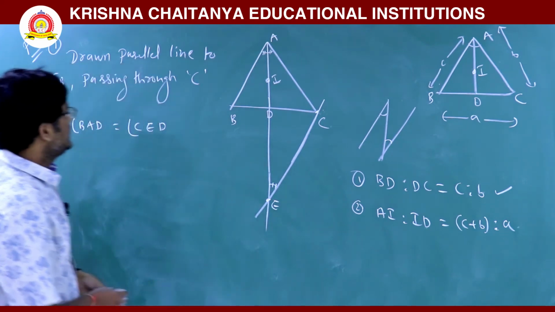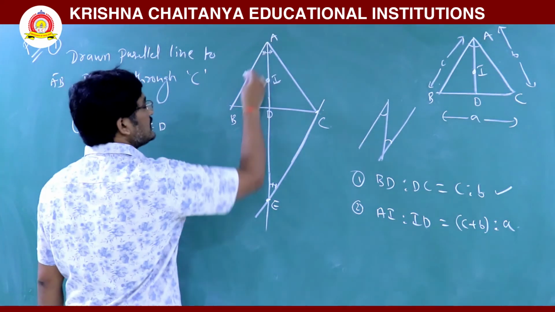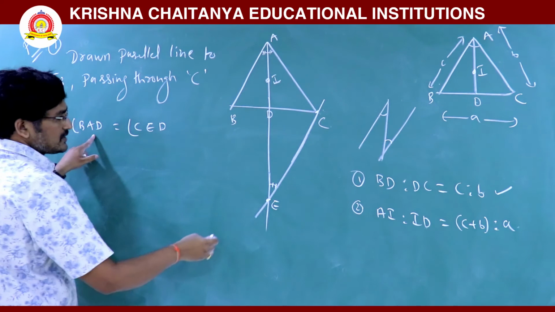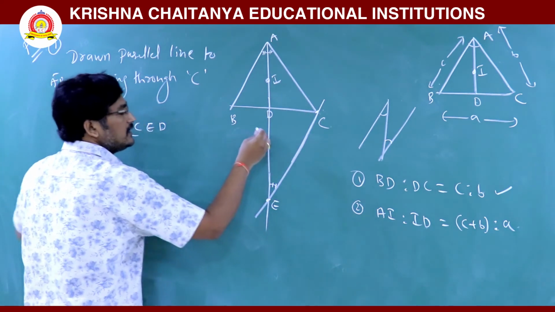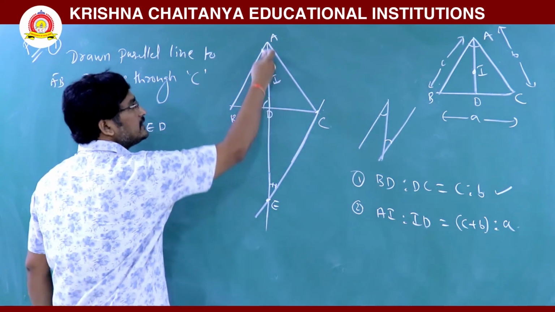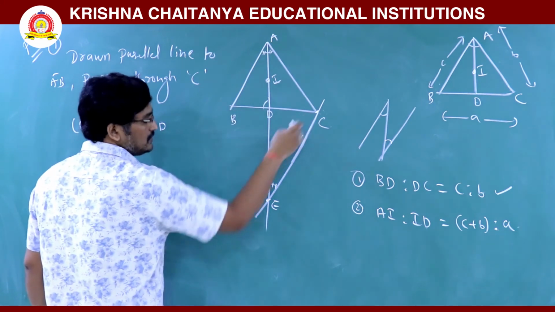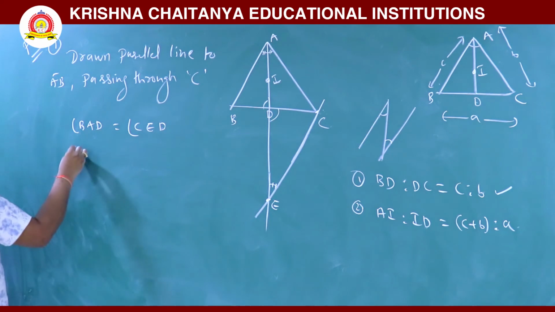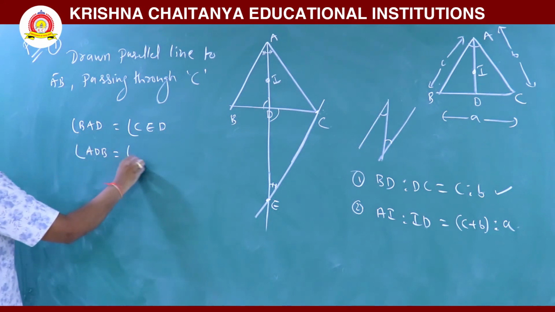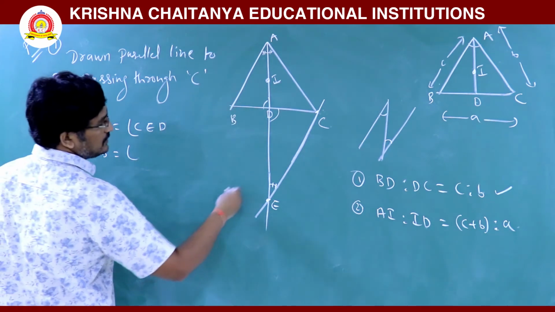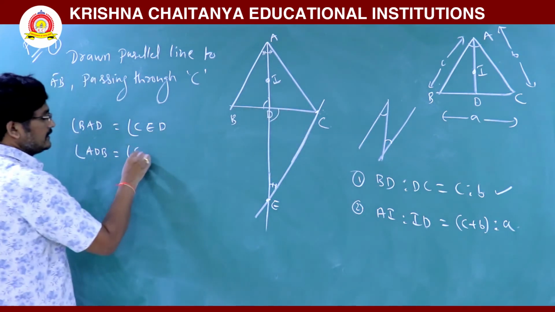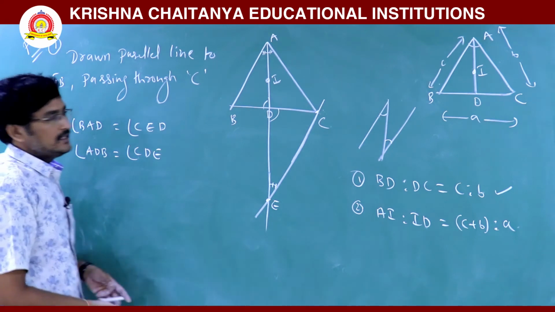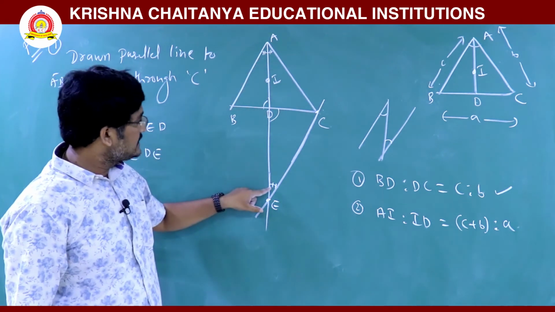Remember, clearly angle BAD is equal to angle CED. It is clear that angle ADB is equal to angle EDC. Angle ADB is equal to angle CDE, so these two angles are the same.